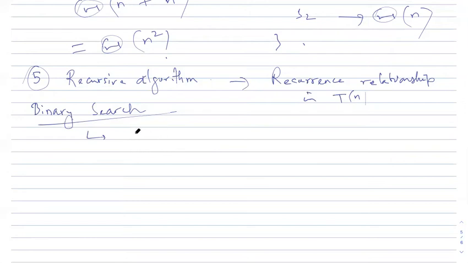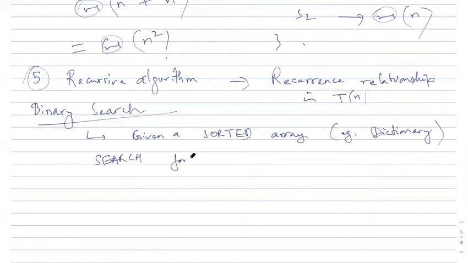Okay. So what is the problem here? The problem is that, given a sorted array, and it's important that this is a sorted array, for example, it can be a dictionary, search for a value, let's say a val.